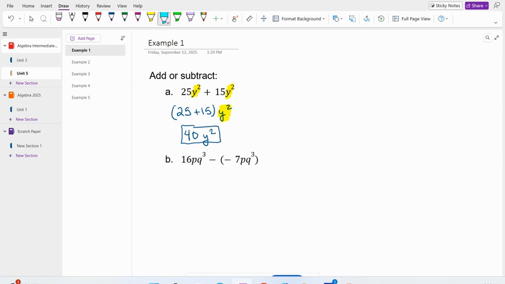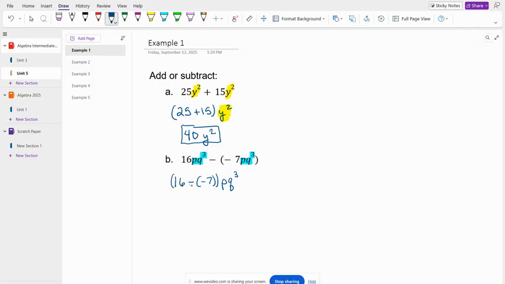In this second one, you can make these terms as complex as you want them to be. You just have to notice that the pq to the third is the same for both of these terms. So we can think about this as 16 minus negative 7 pq to the third.